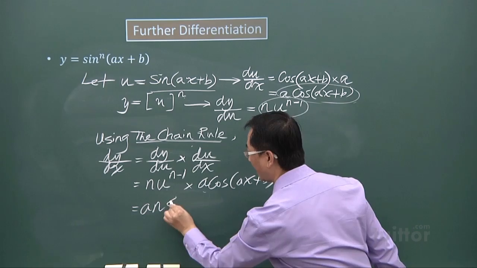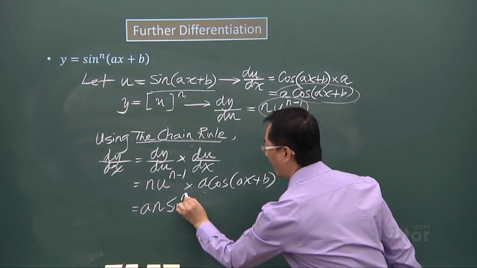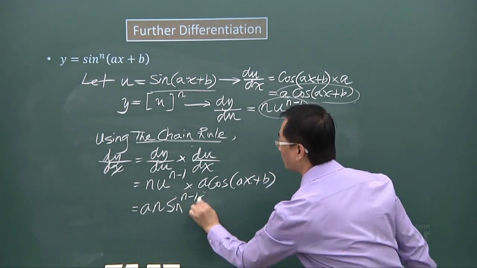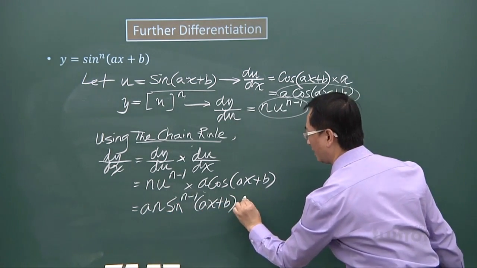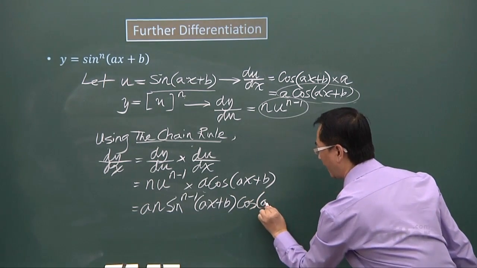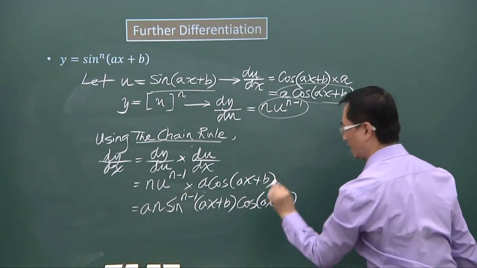So, sine to the power n minus 1 bracket ax plus b, then cos ax plus b.